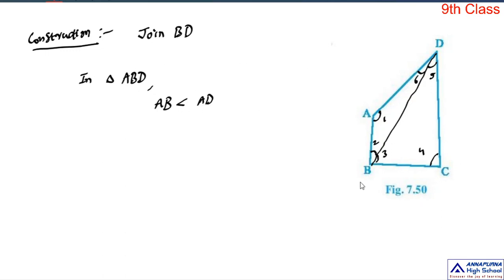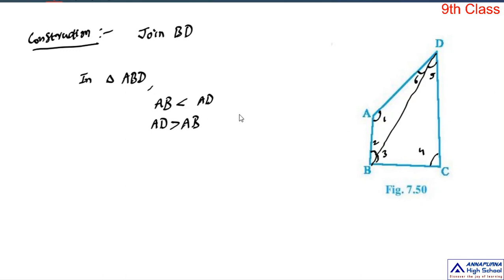See the figure. AB is the smallest side and AD is the largest side in triangle ABD. So AD is greater than AB.